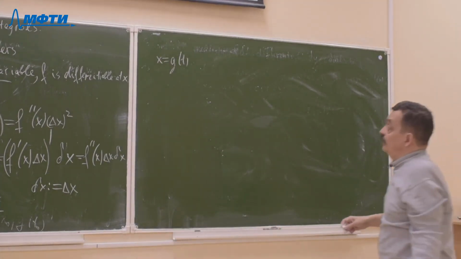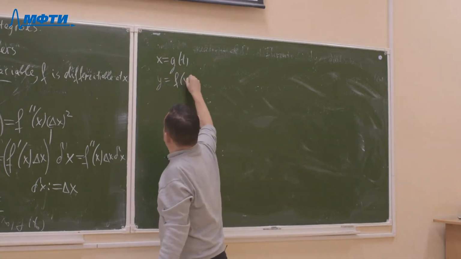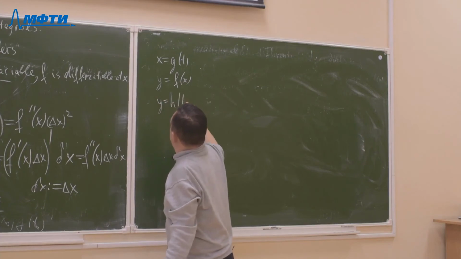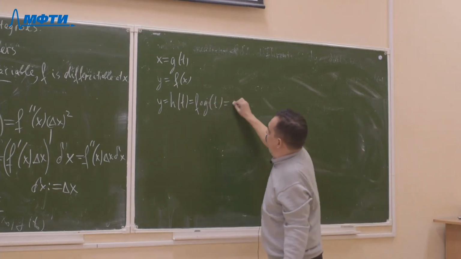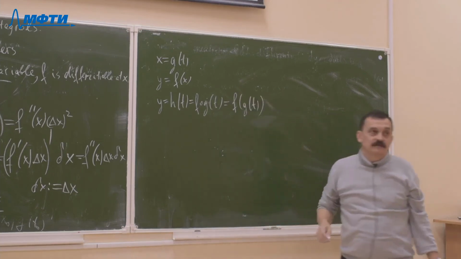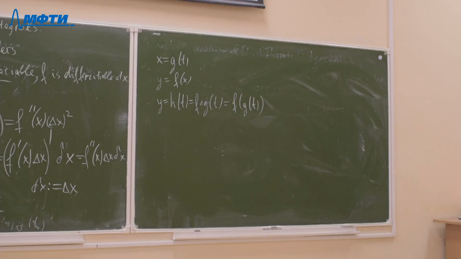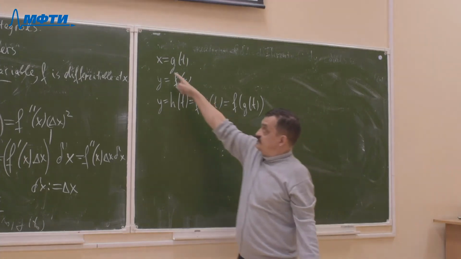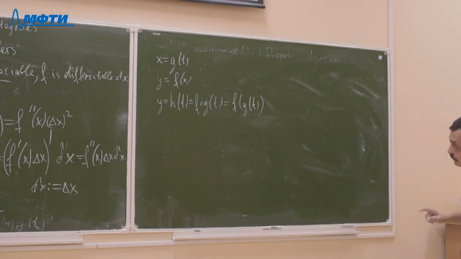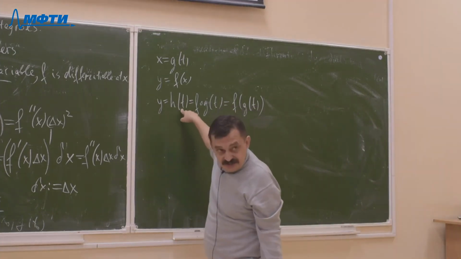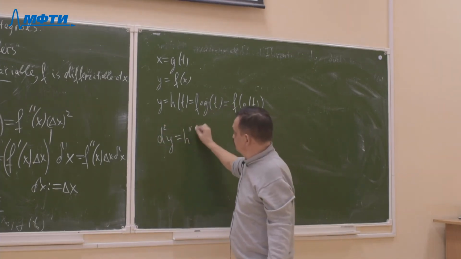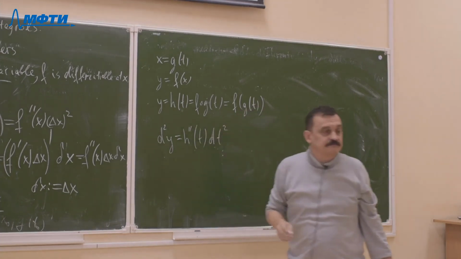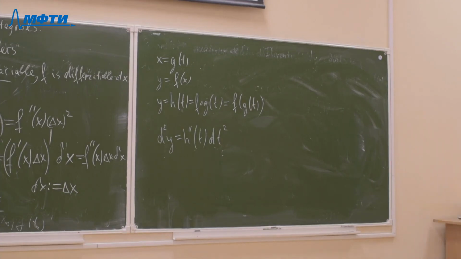Like before, x equals g of t, y equals f of x, so y equals h of t, just the composition, f of g of t. So now x is not an independent variable, but x depends on something. If t is an independent variable, then we know what d2y is: the second derivative h double prime of t times dt squared.